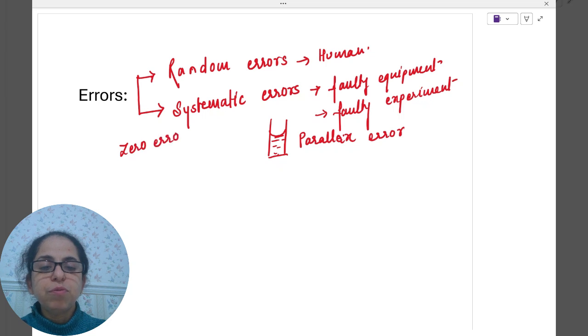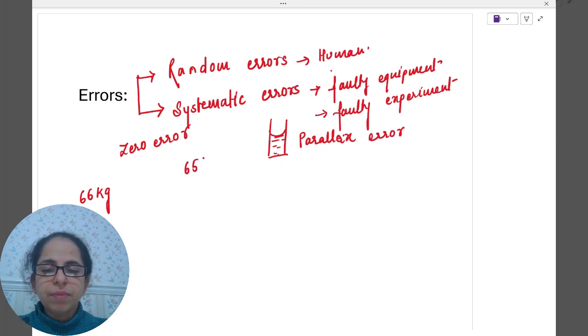It's the faulty equipment. How do you get rid of a systematic error? Because it's faulty equipment, every time there will be the same amount of error in the answer. If your weighing machine shows 1 kg of zero error, and you stand on it and get 66 kg, what would your actual weight be?